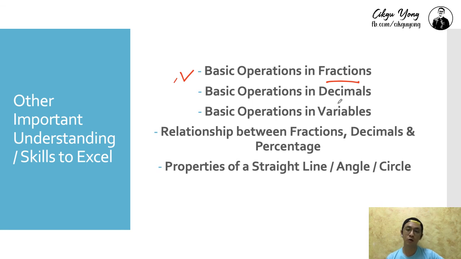I will also be discussing decimals and variables in my following video, as well as the relationship between fraction, decimals, and percentage. Lastly, it will be on straight line properties, angle properties, or circle properties. Basically, for this part, you should have learned when you were in primary school. So we are just going to have a quick sum up or revision before we go into deeper concepts or deeper chapters, right?